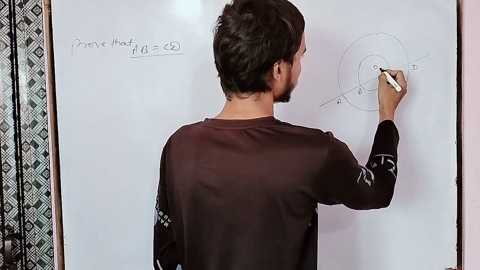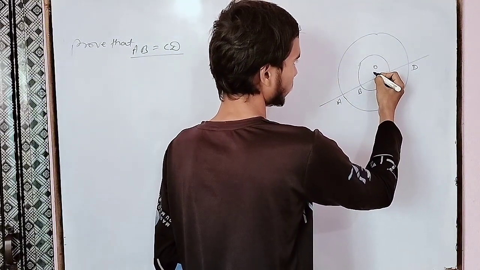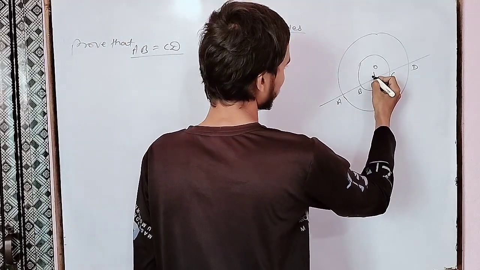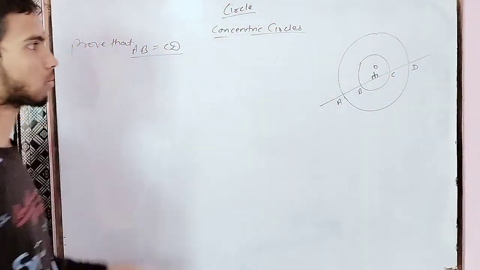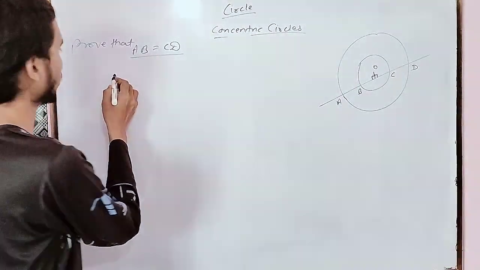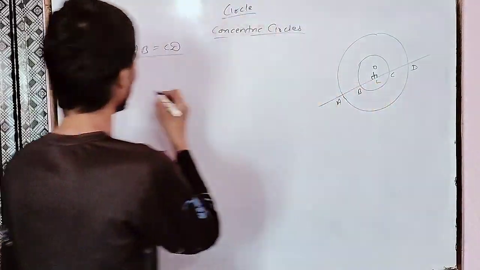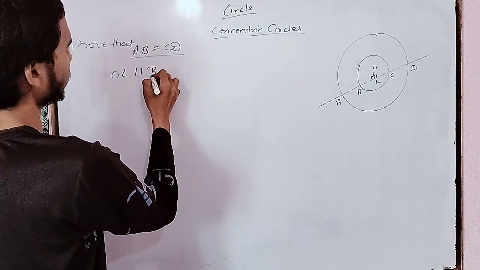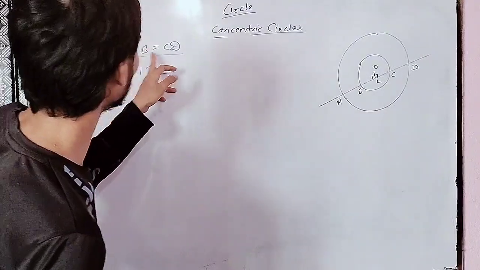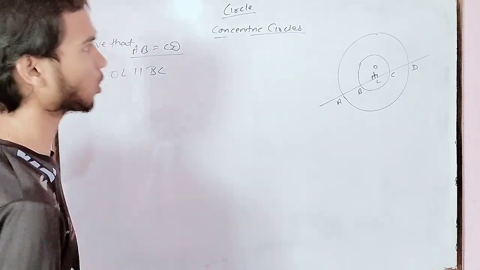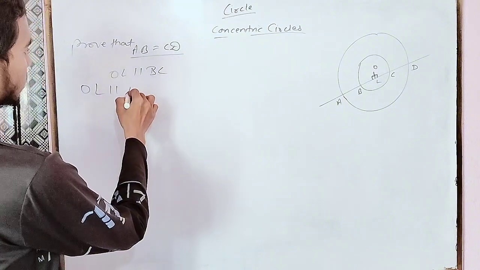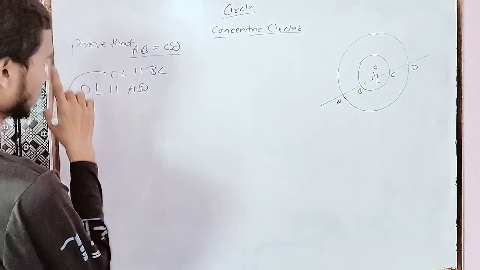So here this is O. Here a line can be constructed like that, which will form a perpendicular. Let's say OL. OL is perpendicular to BC. Whatever we are observing, we have to write. So OL is perpendicular to BC, and OL is also perpendicular to AD. We are starting from this.